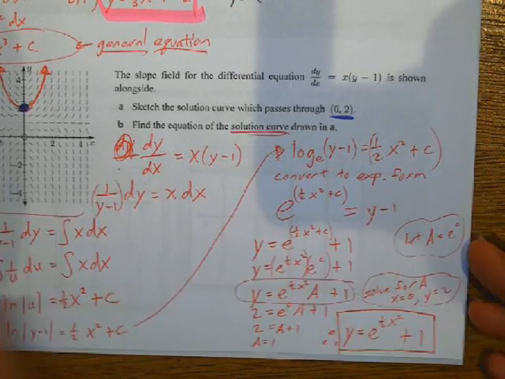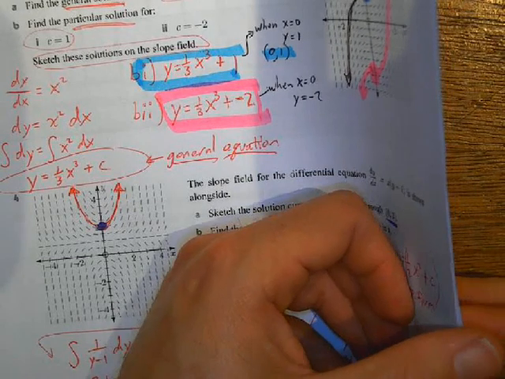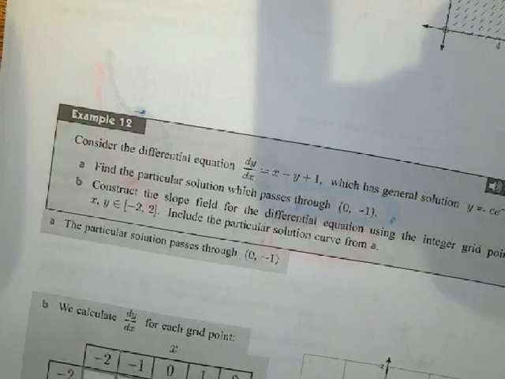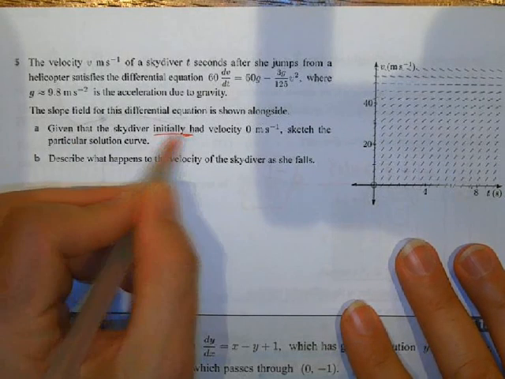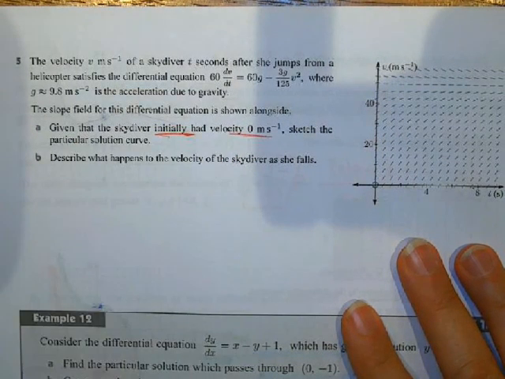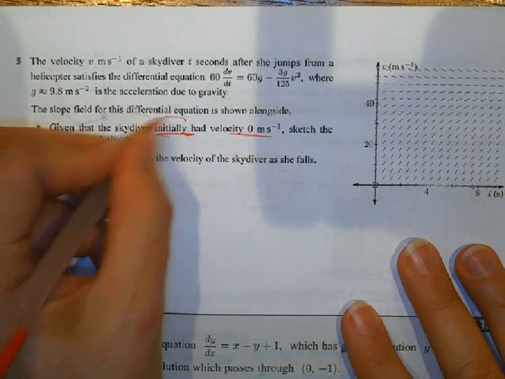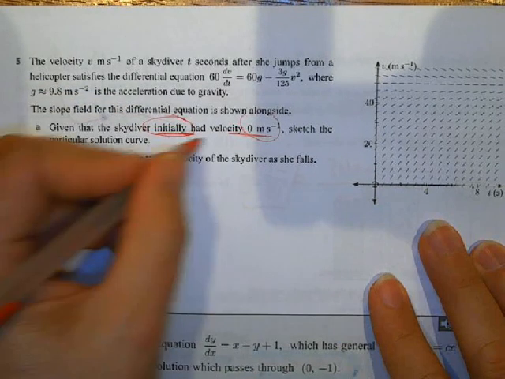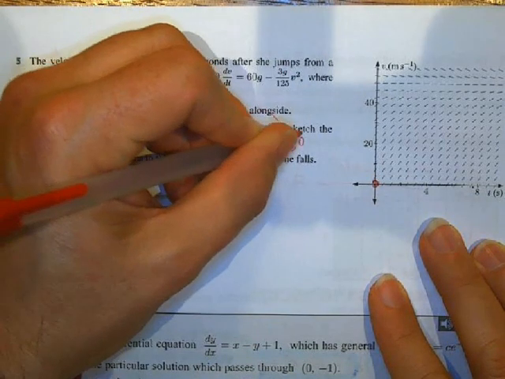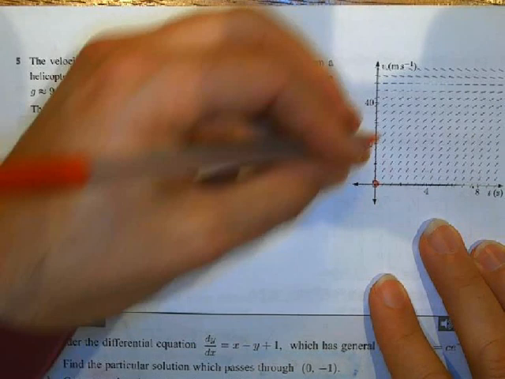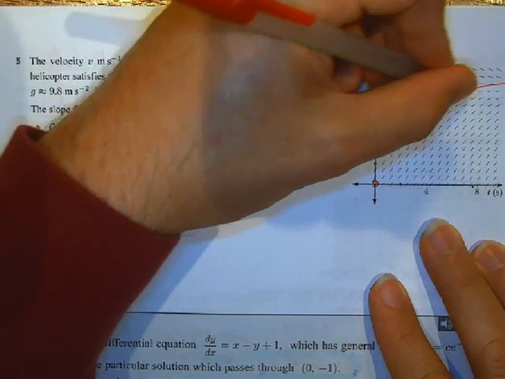Okay, what else? Initially, the velocity is this. So that means time 0 and velocity 0, so this is at 0, 0. And if I'm following this, it kind of goes up like this, right?